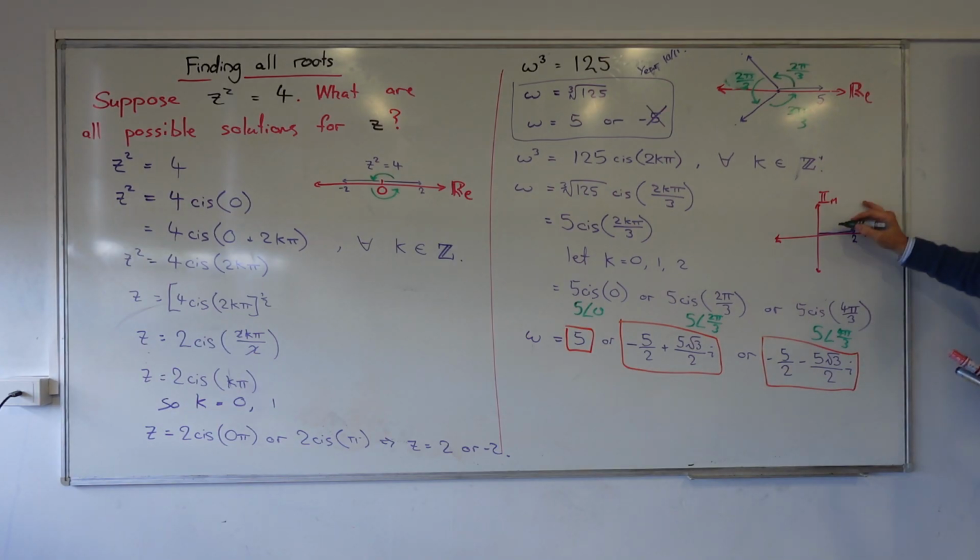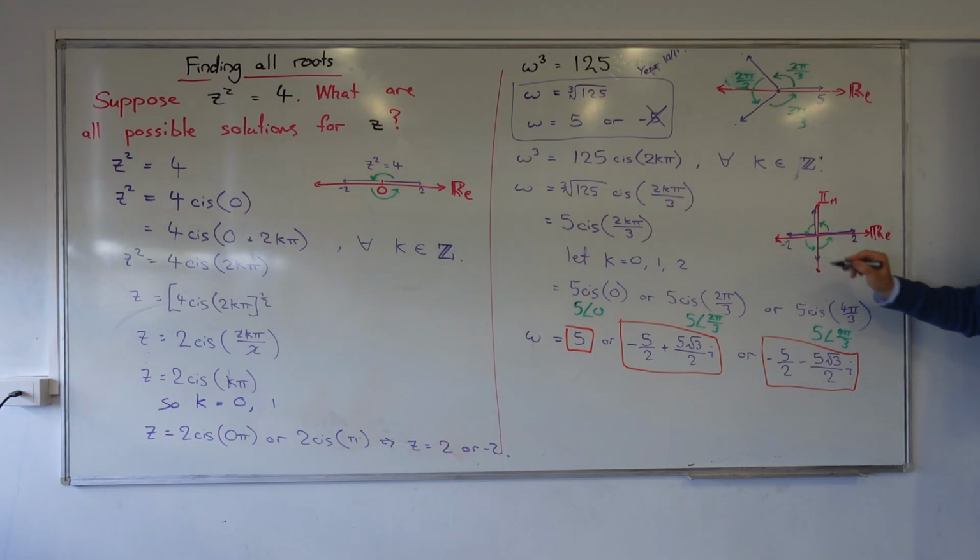So they're going to be spaced 1, 2, 3, 4. Their moduli are all equal in length. So here is going to be -2, up here is going to be 2i, and down here is going to be negative 2i. Is that cool?